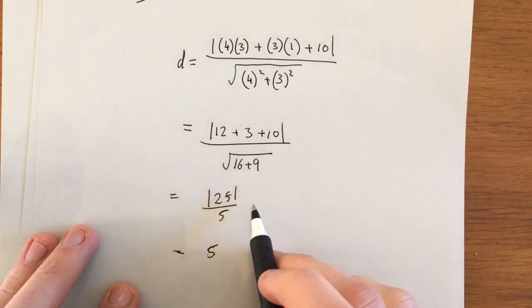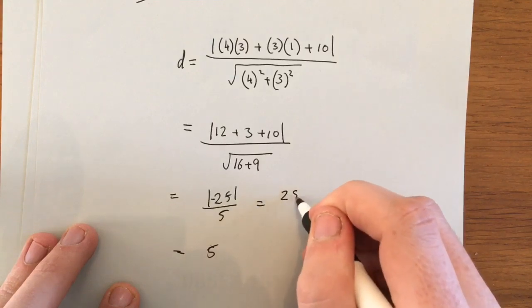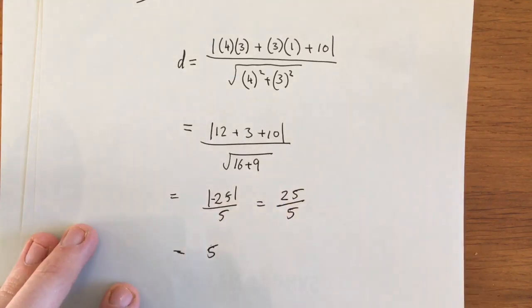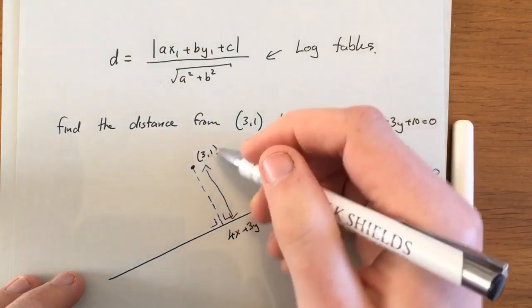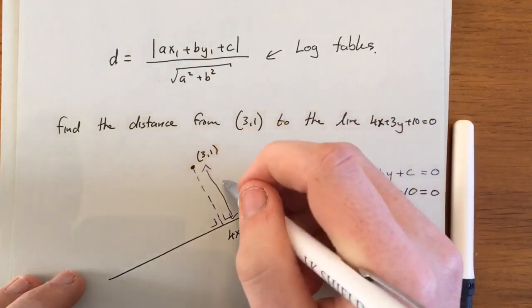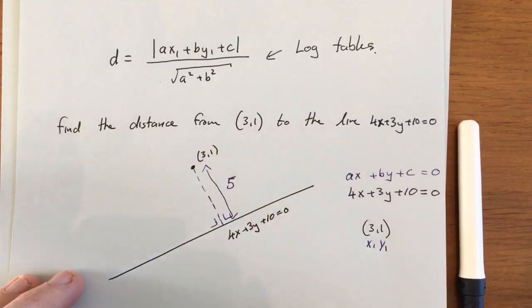This is the absolute value. So if that was a negative number, we would just ignore that, and it would just change to a positive number. So now we know up here in our diagram that the perpendicular distance between this line and that point is 5. So the distance there is 5.